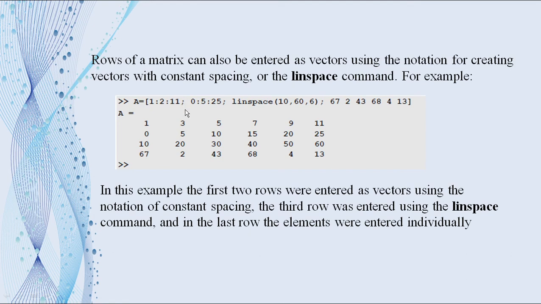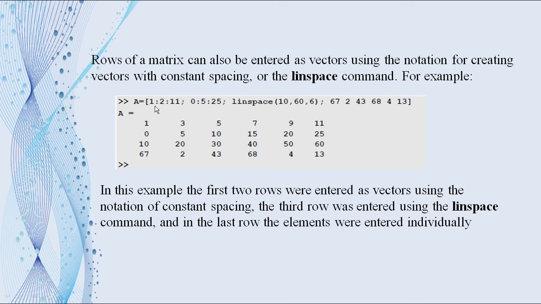When you use a semicolon, it goes to the second row. 0:5:25, semicolon goes to the third row. linspace of 30, 60, 6, semicolon goes to the fourth row. 67 2 43 68 4 13. So this one is direct, the fourth row is available.